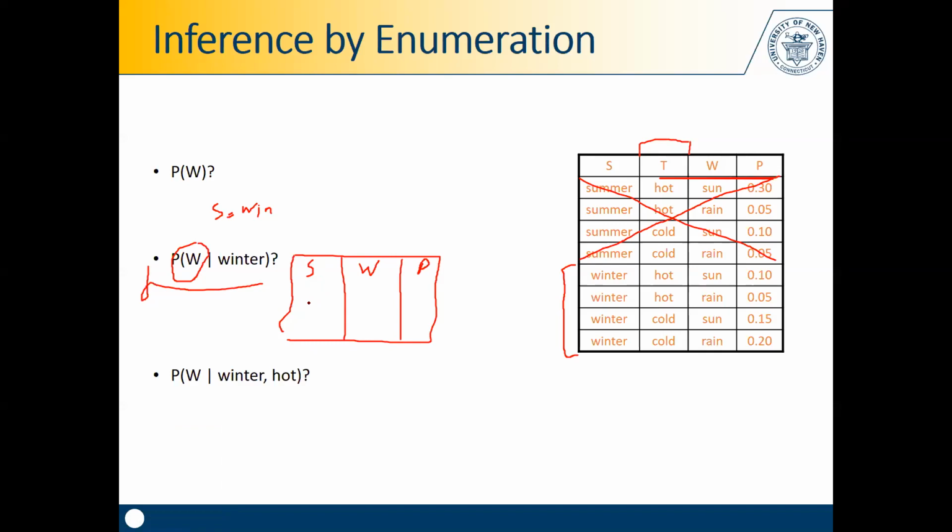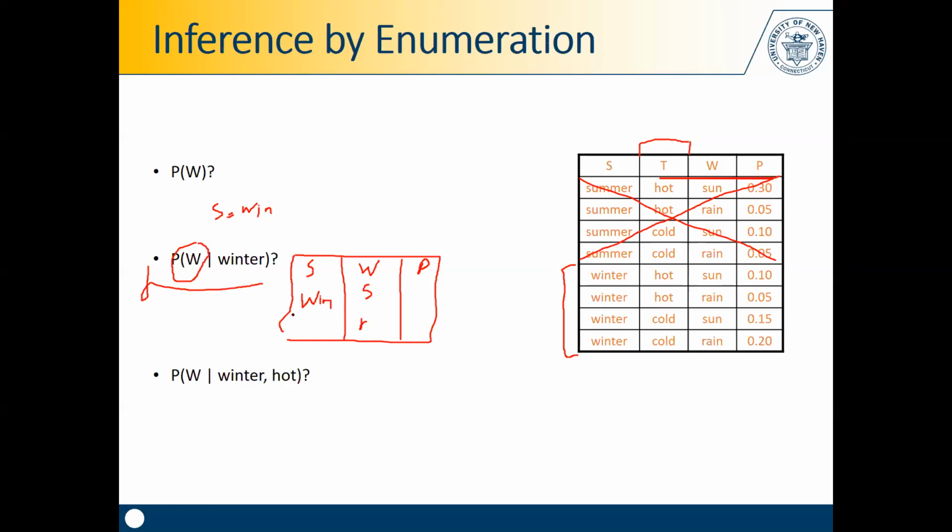So for S, we already have an assignment, right? We already have observed that the season is winter. S has only one possible assignment then, and that's winter. What about the domain of weather? It can either be sunny or rainy.